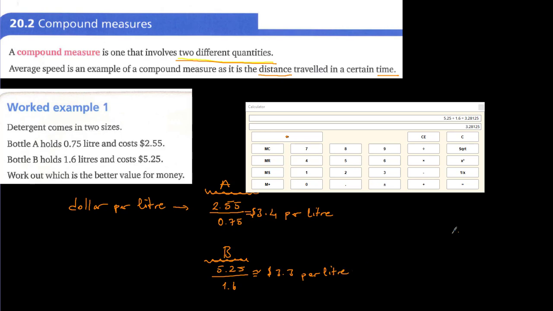So it's obvious that 1 liter is $3.3 here. Here this is $3.4, so this is cheaper. This has better value for money.